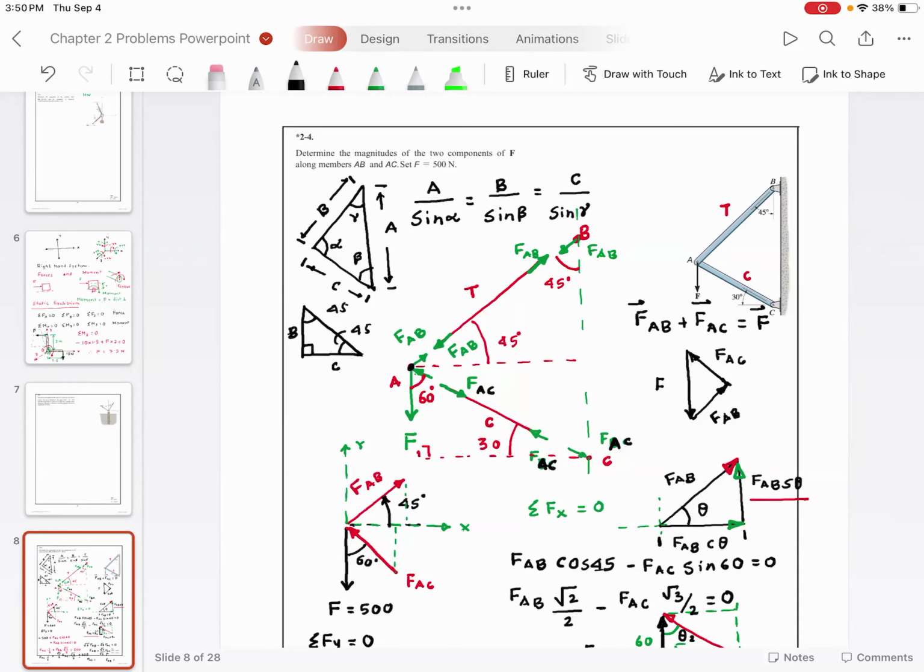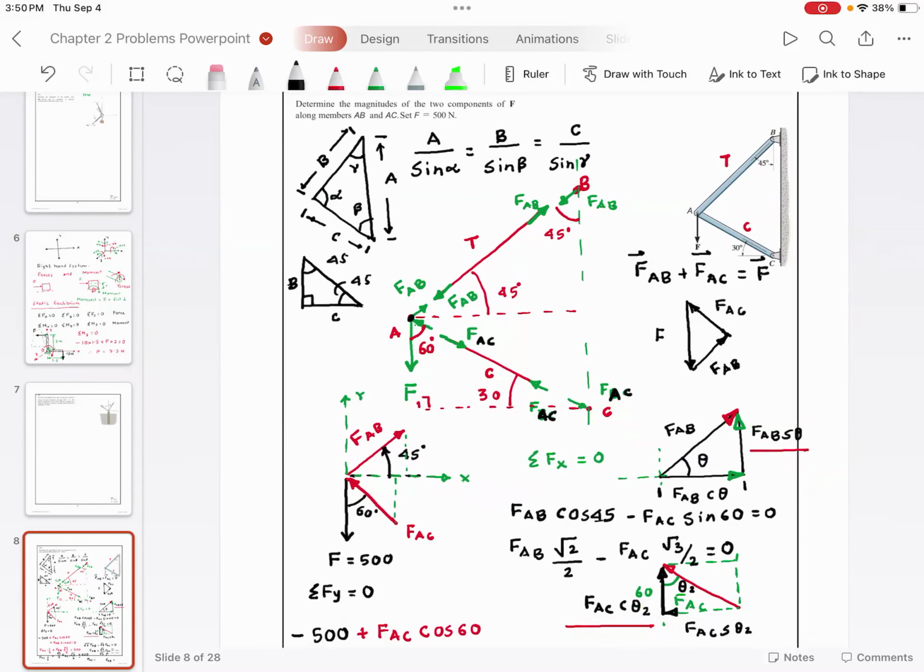Now I'm going to do a simple trick. I want you to tell me these angles. From the geometry of the figure, you should be able to find out what these angles are. The easiest way to do that is, this is 30 degrees, so this angle is going to be 60 degrees.